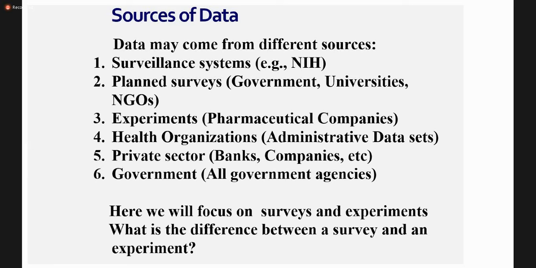Most of the data may be available through other sources, for example, surveillance systems, or maybe surveys conducted by the government or NGOs, or maybe some educational institutions, or sometimes data is available from clinical trial units or experimental organizations such as pharmaceutical companies.